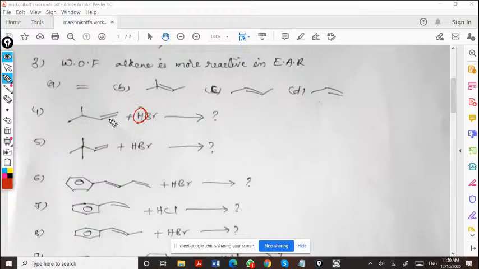So initially what happens? H plus will be abstracted. If H plus is abstracted here, a positive ion will be generated here. If it is the other way, the positive ion will be here. So among these two, which is more stable? This is primary, this is secondary. Which is more stable?